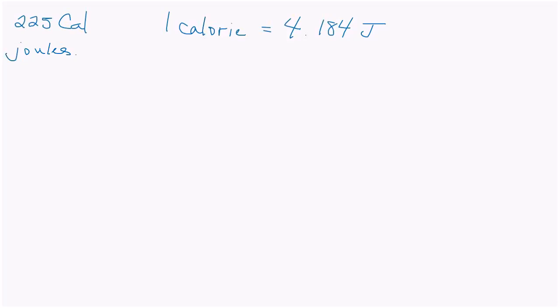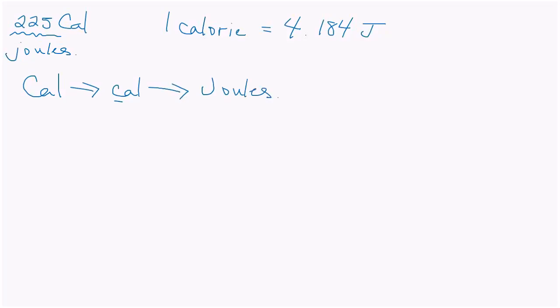And if we had little calories, then we could just do a straight conversion. But we don't have little calories, we have the big calories. So what we need to do first is convert our big calories to the little calories. This is a little c. And then we're going to convert the little calories to joules.